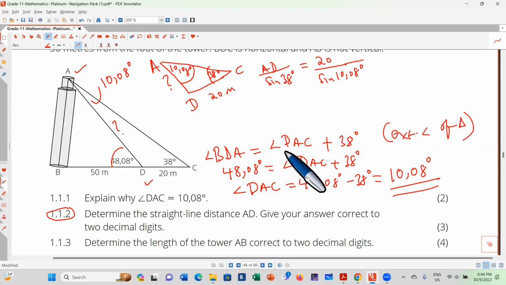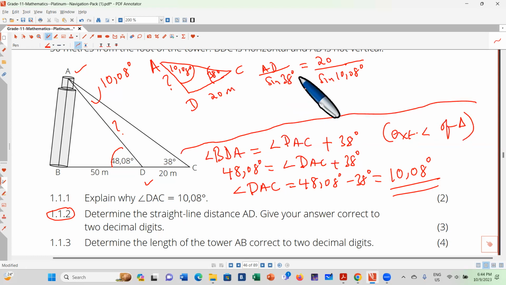Okay, so what is this? Right, we cross multiply. If you cross multiply, this one goes there, meaning we're going to have AD is actually 20 sine of 38 degrees divided by the sine of 10,08 degrees. Cross multiplication brings this to the other side. We want to find AD. All right, so we have this.